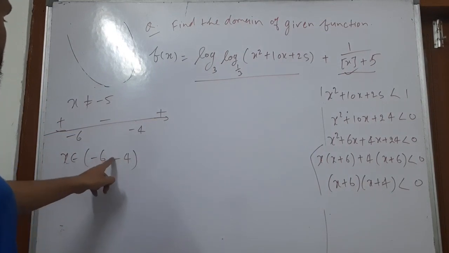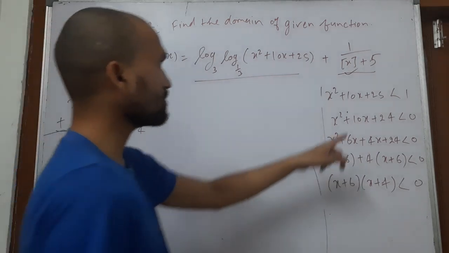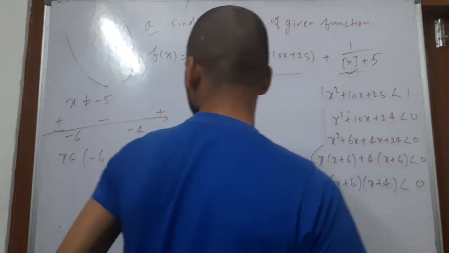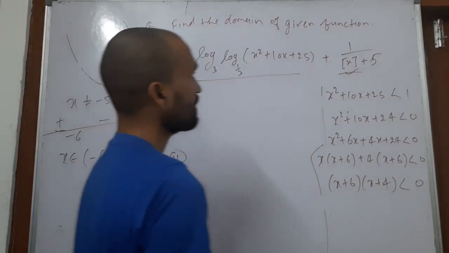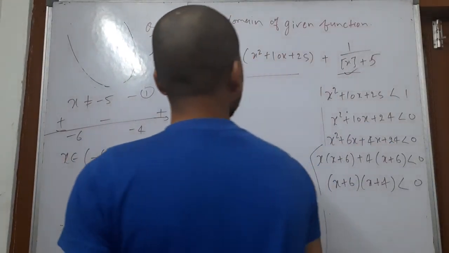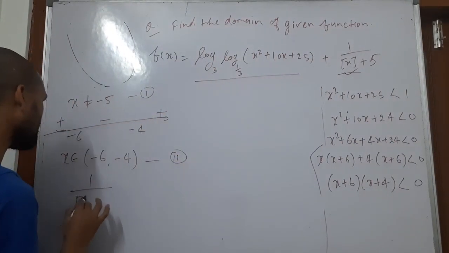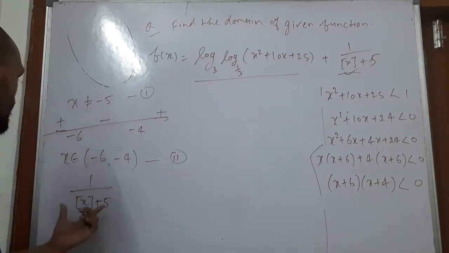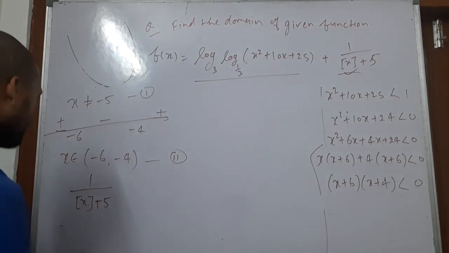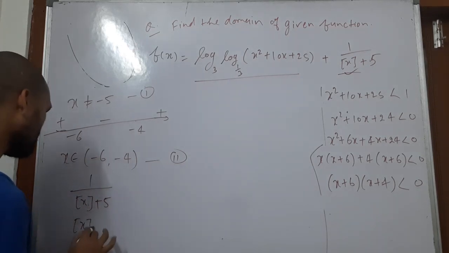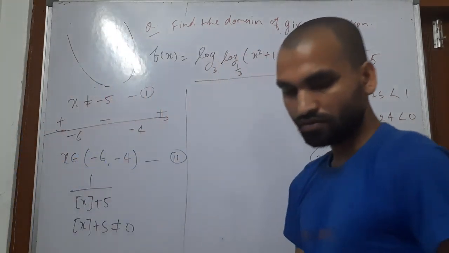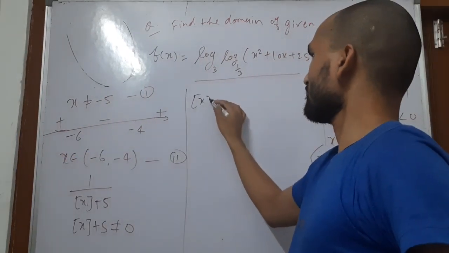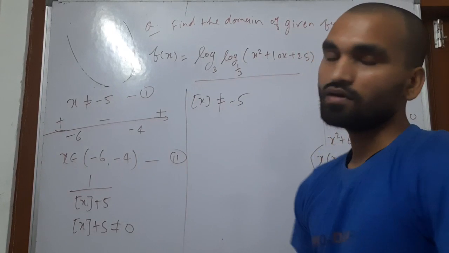This is relation number 2, and that was relation number 1. From the term 1 by greatest integer x plus 5, one part is left out. For the function to be defined, greatest integer x plus 5 cannot be equal to 0, because the denominator cannot be 0. So greatest integer x cannot be equal to minus 5.